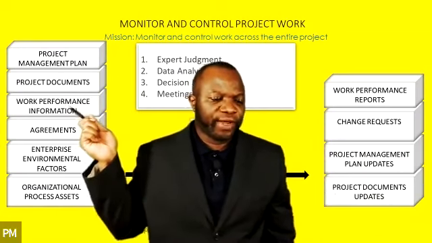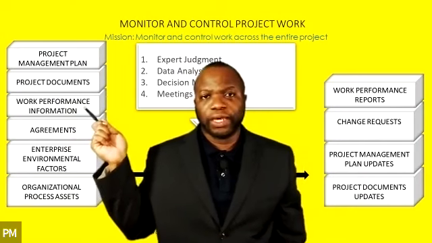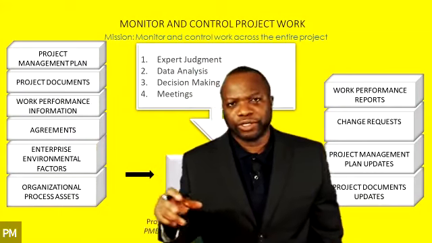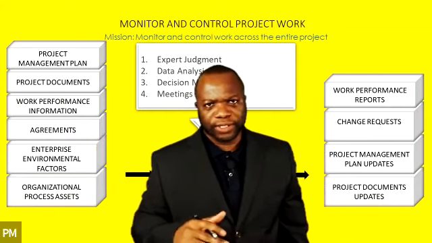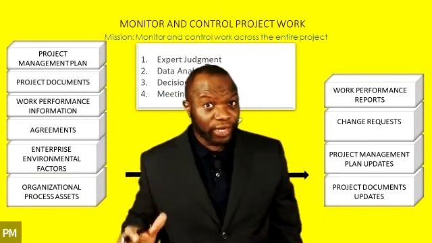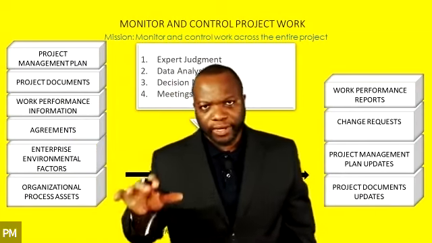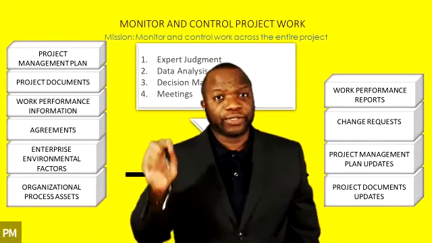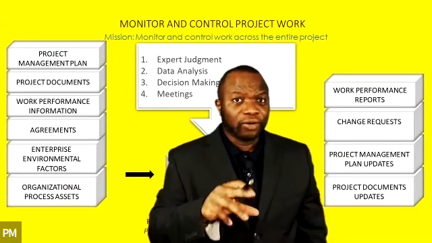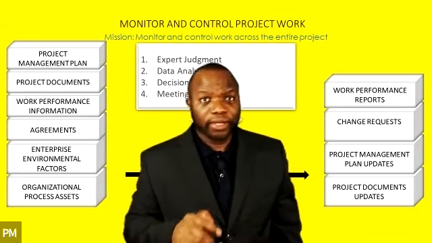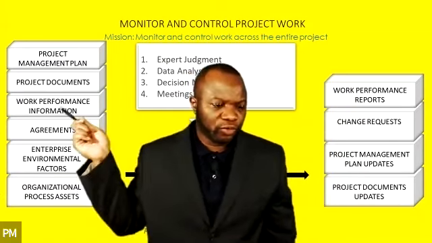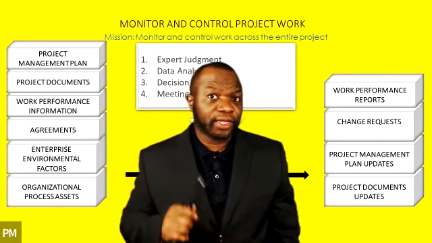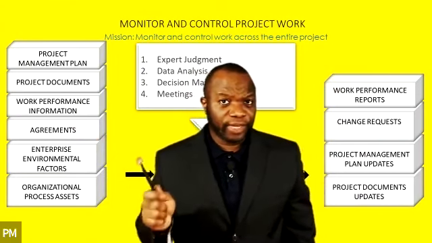Now we have a very important appearance of WPI, Work Performance Information. Work performance information comes from all of the processes outside of integration that are within the monitoring and controlling process group. So all the way from scope down to stakeholder within monitoring and controlling, they all give you WPI. That is very important. This is a recurring theme in the PMP guide, work performance information.